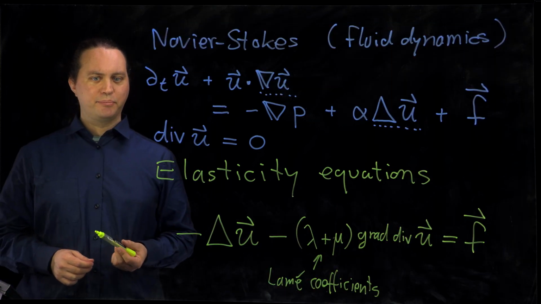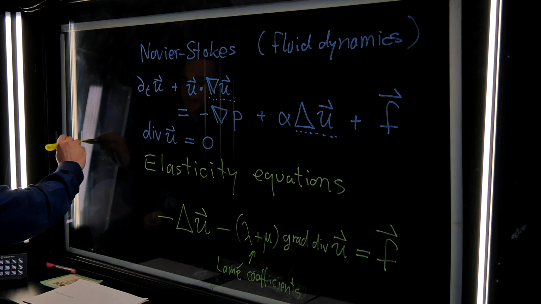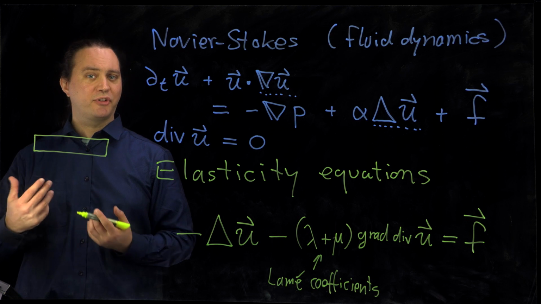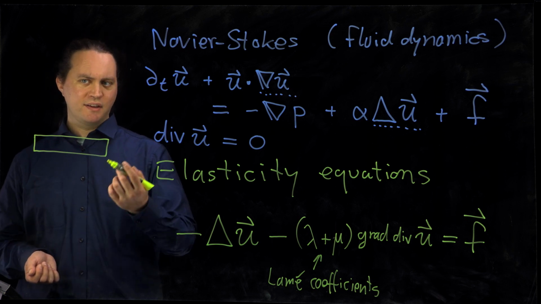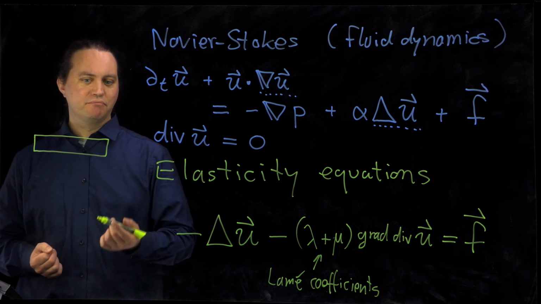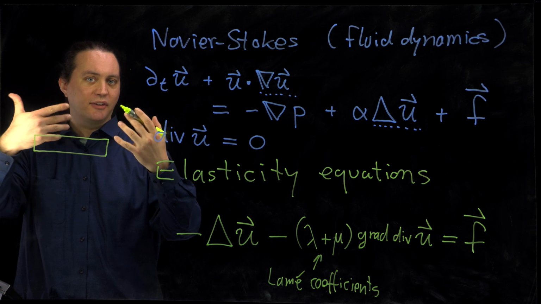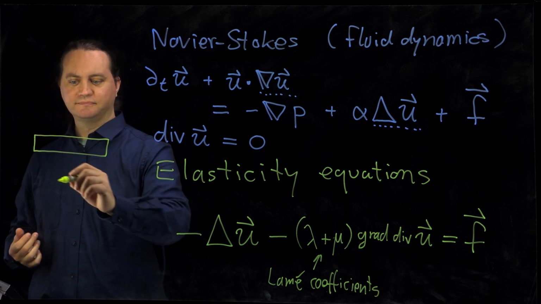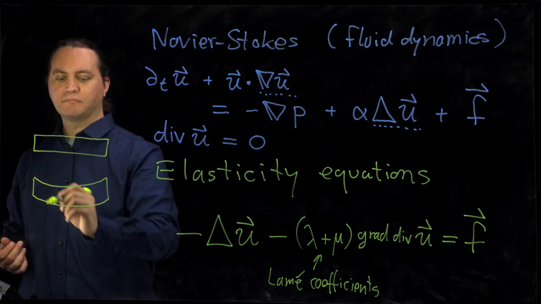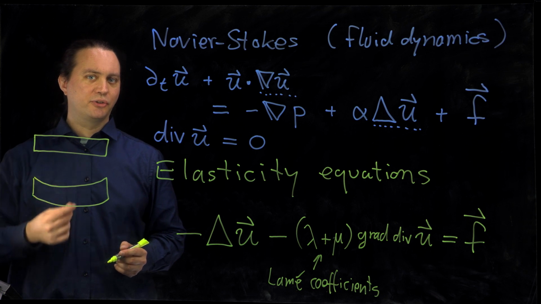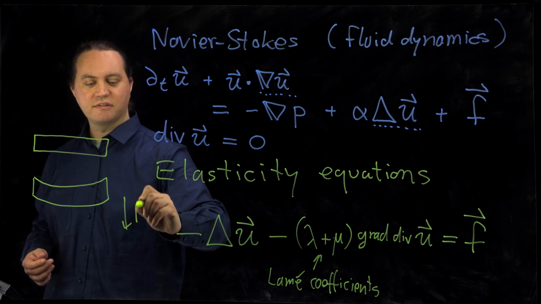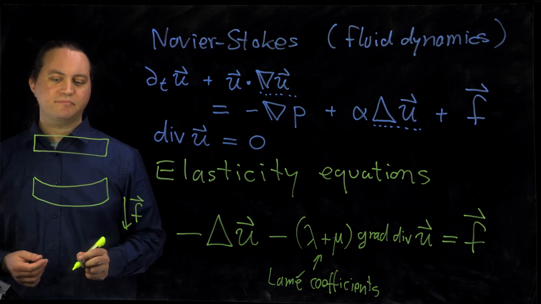Let's finish that example with a picture. Let's suppose I've got a brick. That brick can be wood, can be concrete, can be some very elastic material. If I subject it to an external force, let's say, for example, this is a piece of a bridge and it is subject to gravitation. Then it will deform according to the gravitational field. In this case, the gravitational field has only one direction. It's very simple.